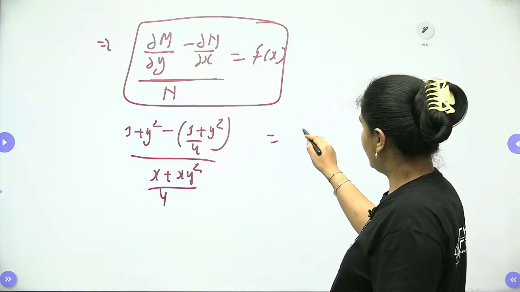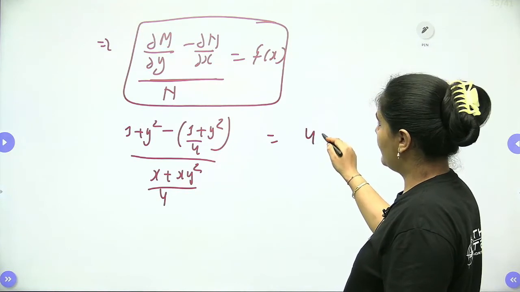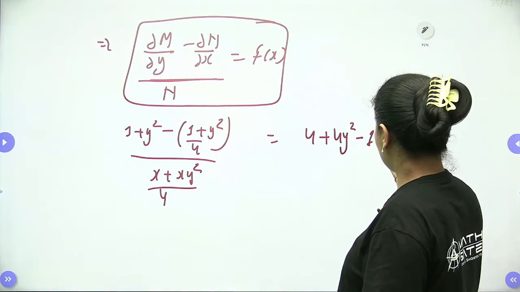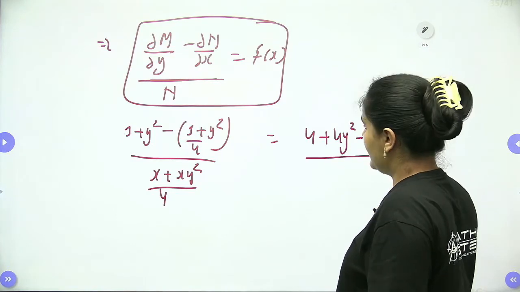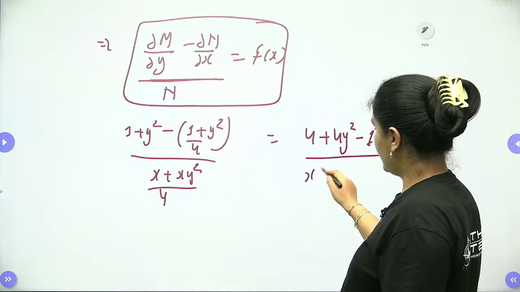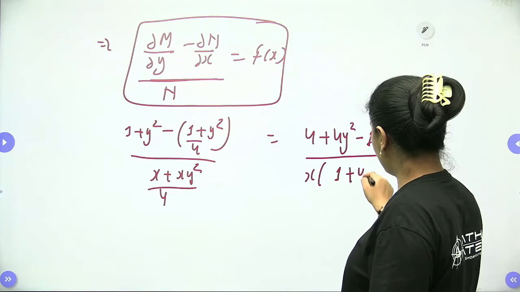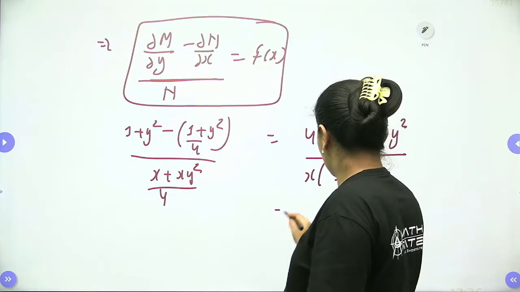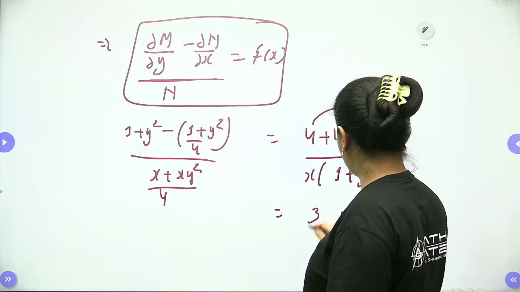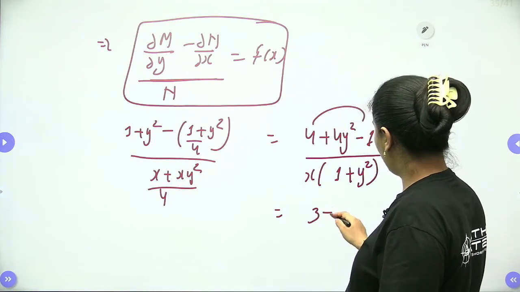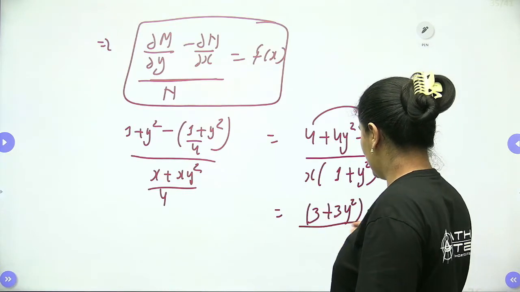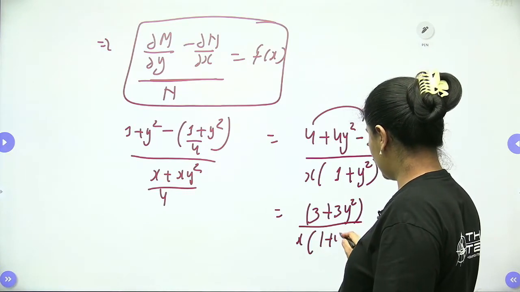When we take the LCM, it will be (4 + 4y² − 1 − y²) divided by x times (1 + y²), where we can take x common and 4 will cancel out. It will be 4 minus 1 is 3, so we have 3 + 3y² divided by x(1 + y²).